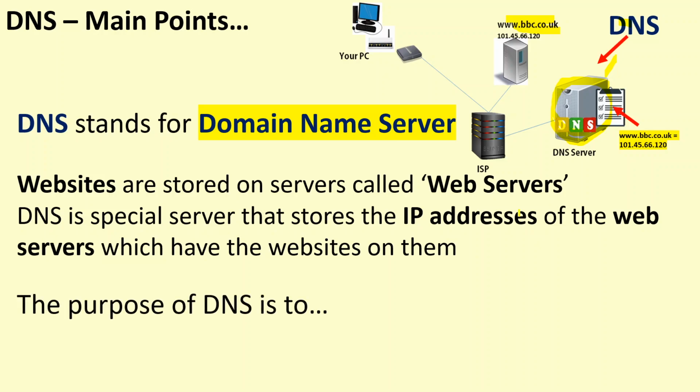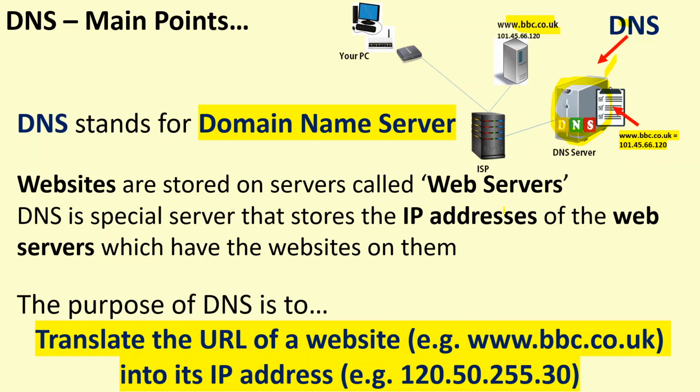So the purpose of DNS, the domain name server, is to translate the URL of a website, for example bbc.co.uk, into its IP address, e.g. 120.50.255.30. So it translates the URL that the person types in into the IP address so that the person can access the website. That's the bare minimum you need to know for this.